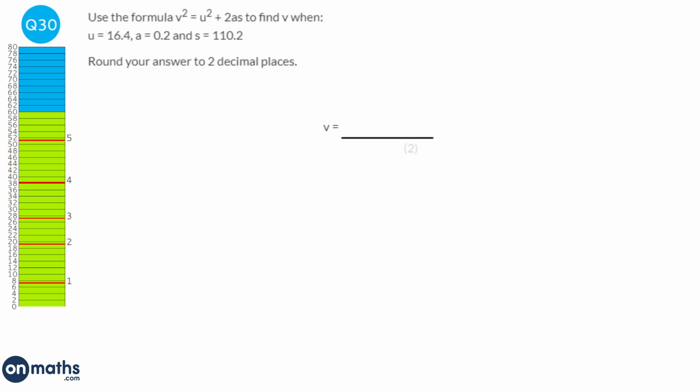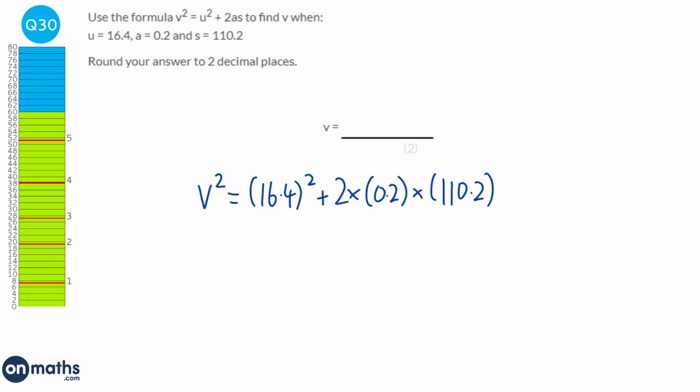So we're just going to substitute the values that we're given into the formula. So v squared equals, and then u is 16.4 squared plus 2 times a, which is 0.2, times s, which is 110.2.